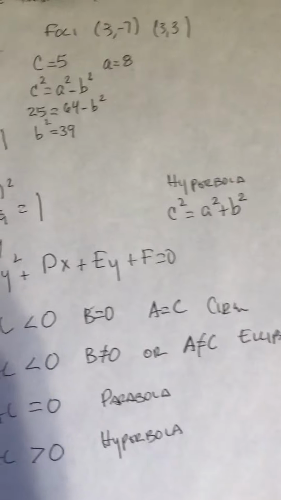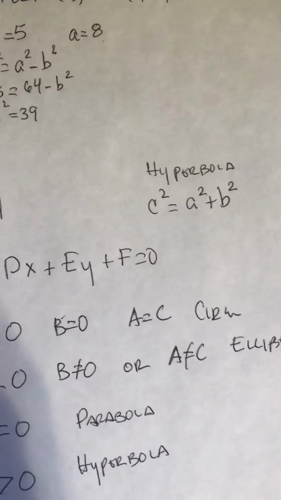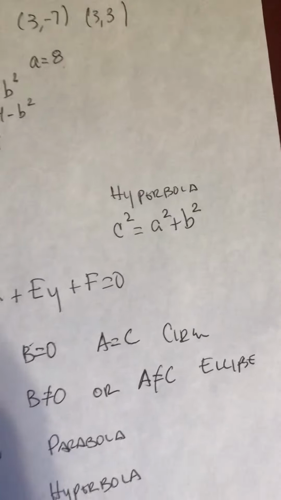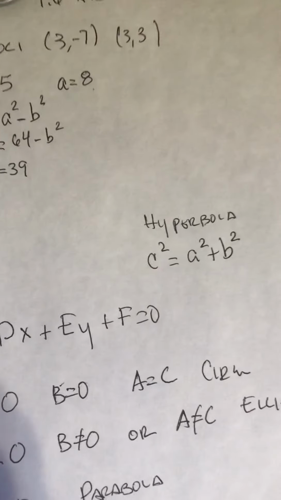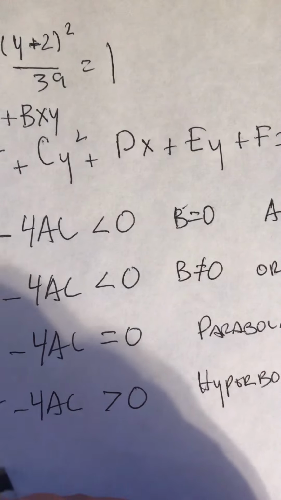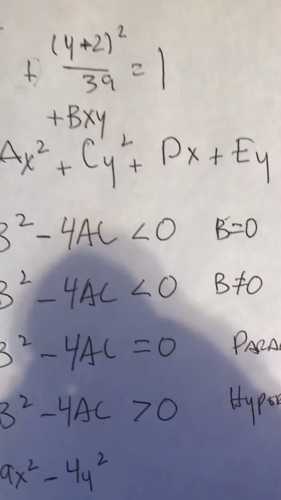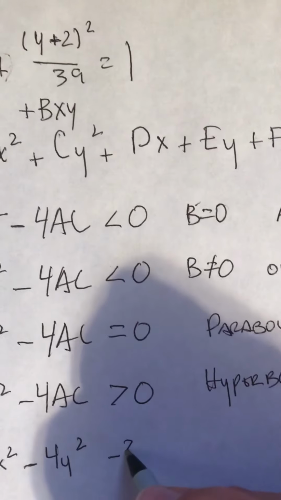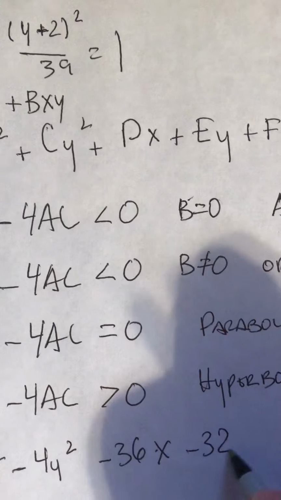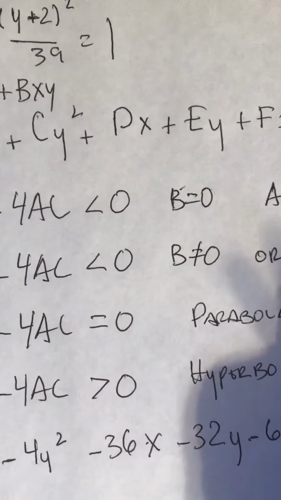So if we go back to that second part of that type of problem on page 664, and we look at the equation in question number 4, we've got 9x squared minus 4y squared minus 36x minus 32y minus 64 equals 0.